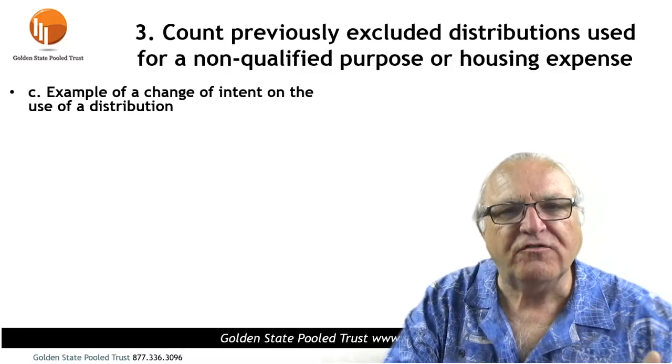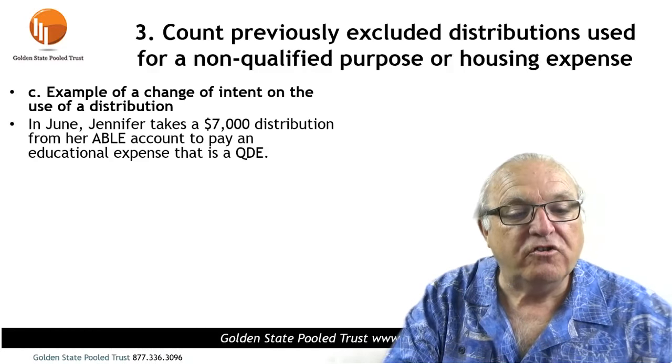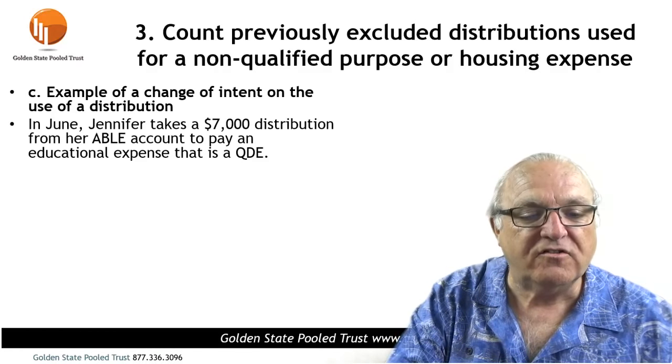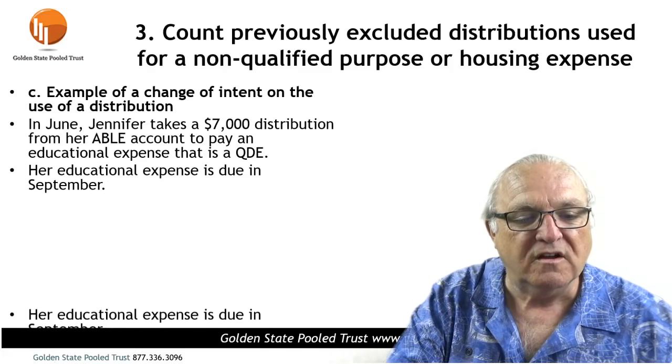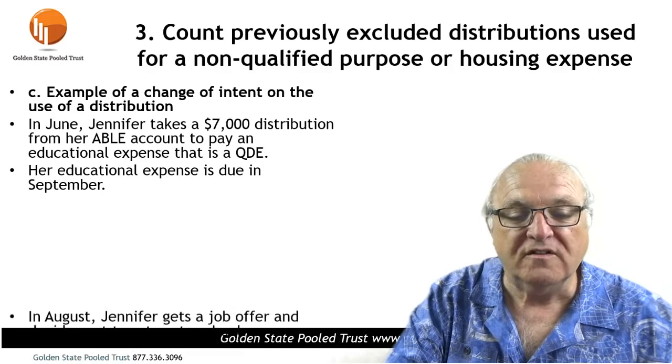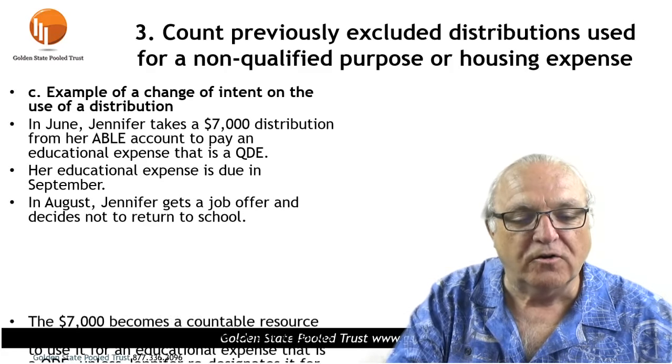Example of a change of intent, and how they would track this, I have no idea. In June, Jennifer takes a $7,000 distribution from her ABLE account to pay for an education expense that's a QDE. Her education expense is due in September. In August, Jennifer gets a job and decides not to go to school.